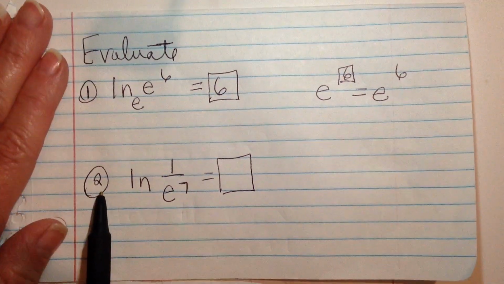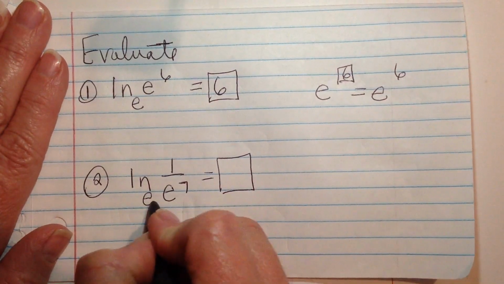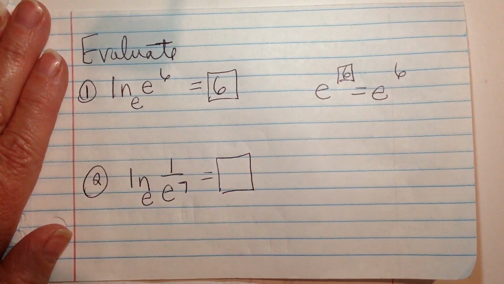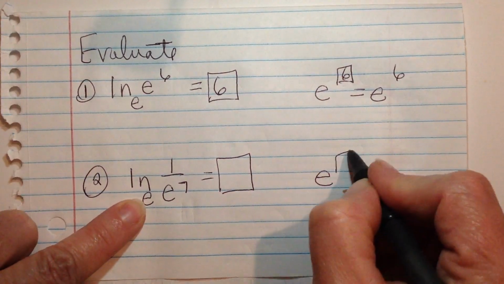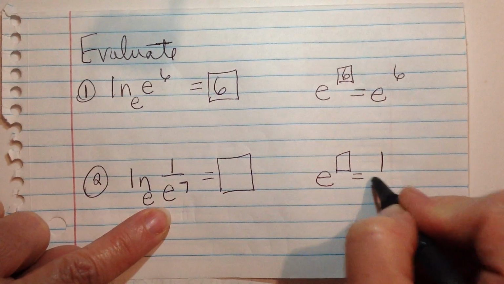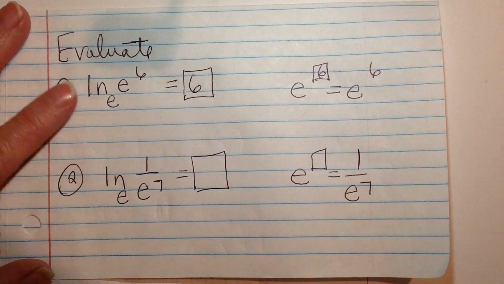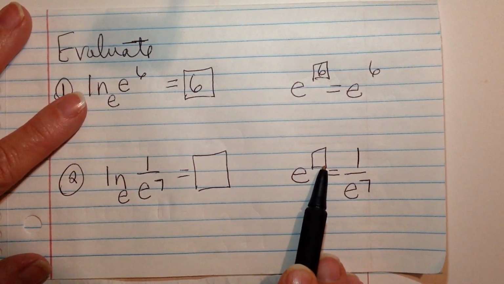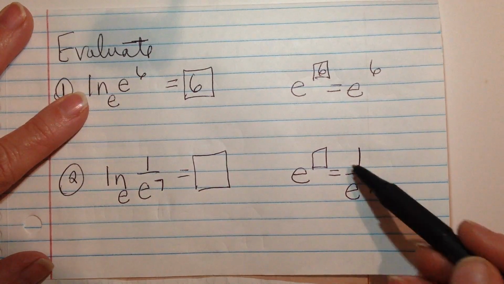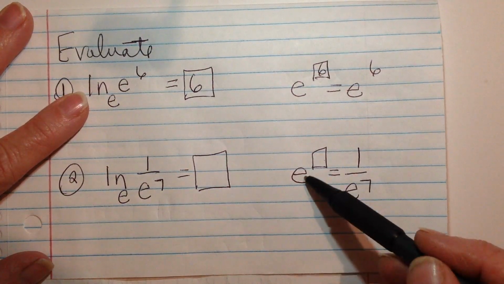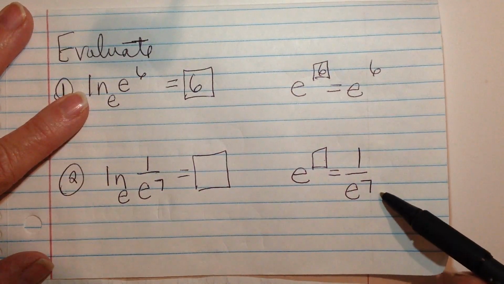All right, let's look at this one. Evaluating this problem, this has an understood base e for ln. So you're looking at e raised to what power gives you 1 divided by e to the 7th? Well, it wouldn't be a positive exponent because that would never move e down to the bottom. It would need to be negative anytime you're given a base and you need to raise it to a power and make it become a fraction.